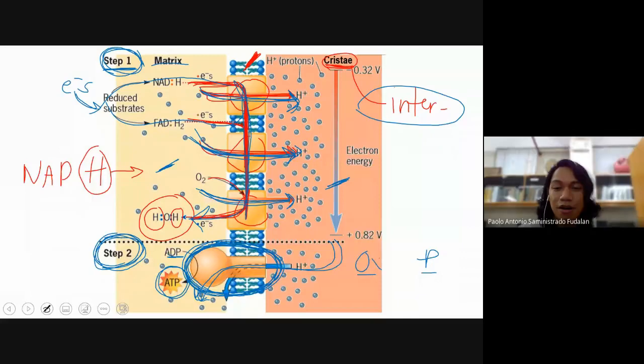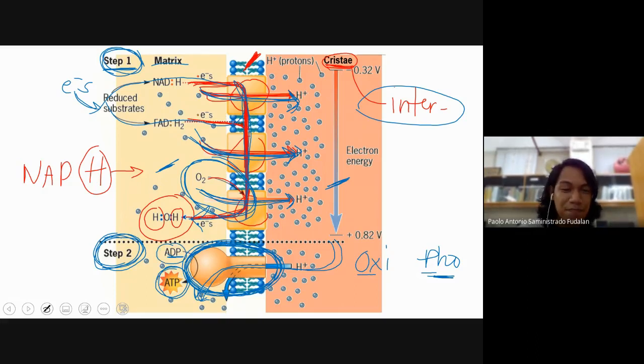All right, oxidative phosphorylation. Oxidative because you can see in step 1, oxygen is the final electron acceptor, right? Okay. And then phosphorylation, what are we phosphorylating here? Where are we adding phosphates here? In step 2. Look, from ADP, it became ATP.